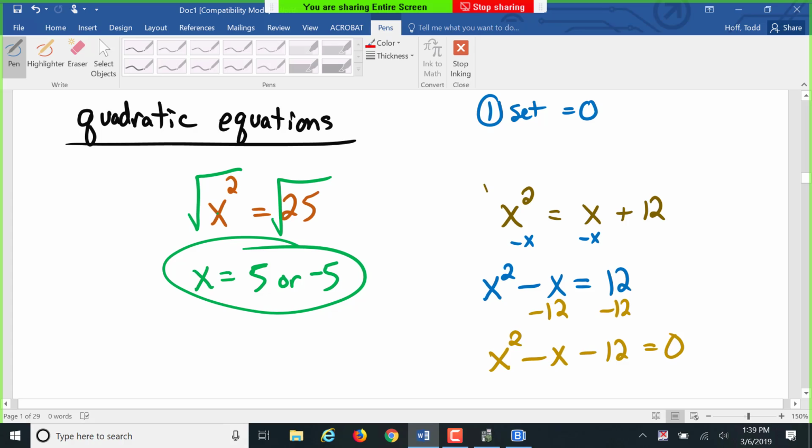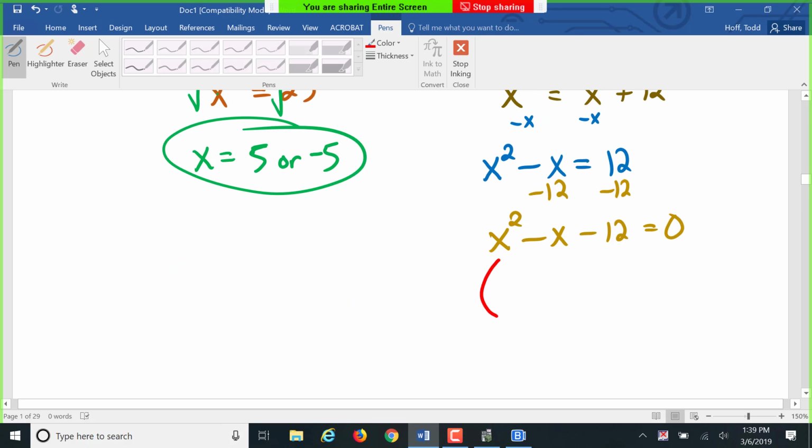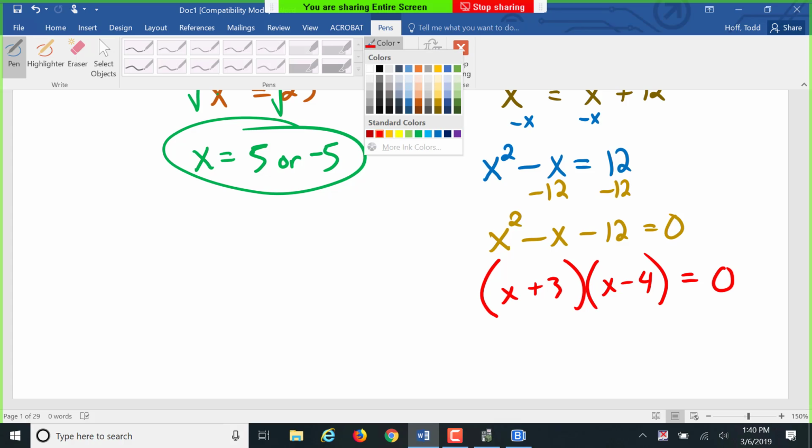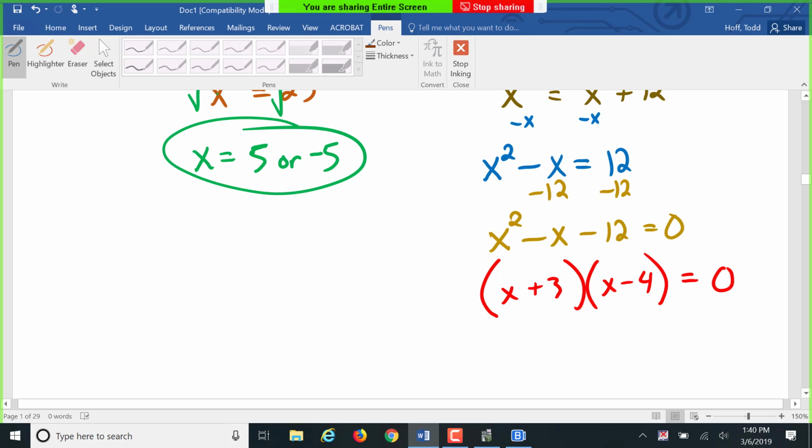Once we have it like that, our second step is going to be to factor. This factors into x plus 3 times x minus 4. Once we have it in that form, there's something called the zero product rule.